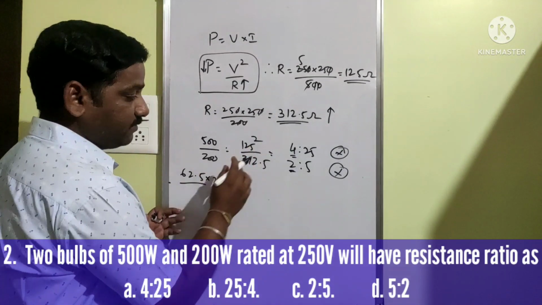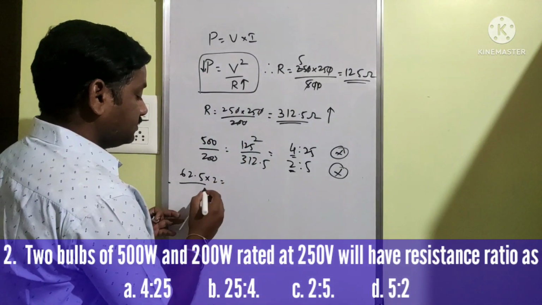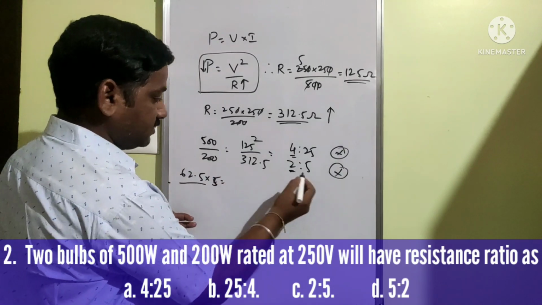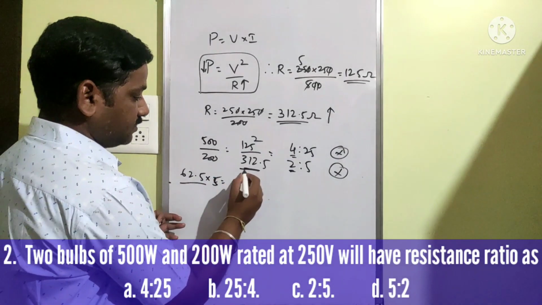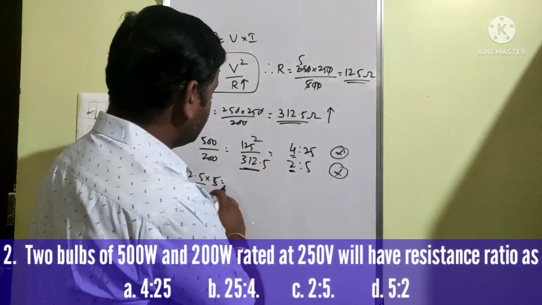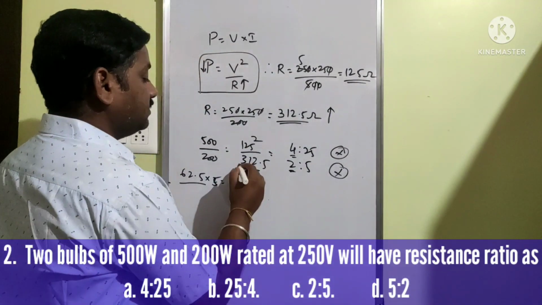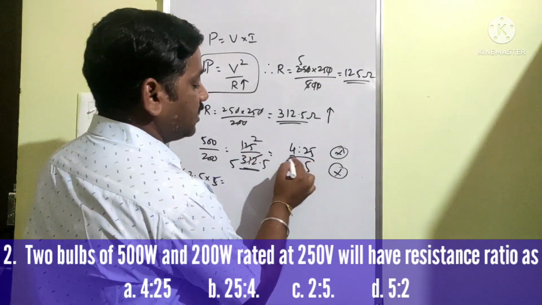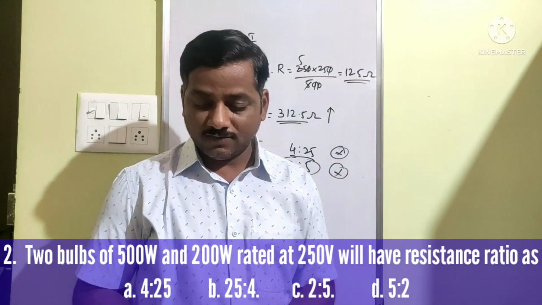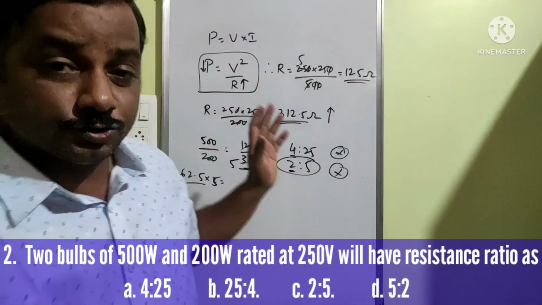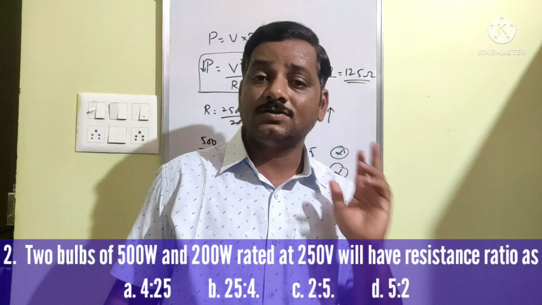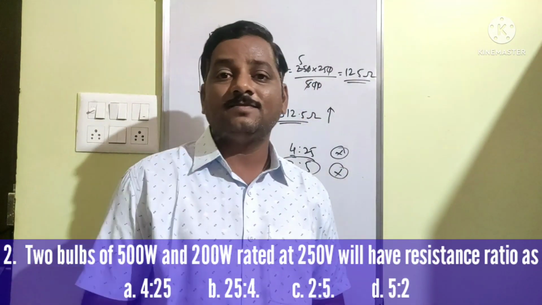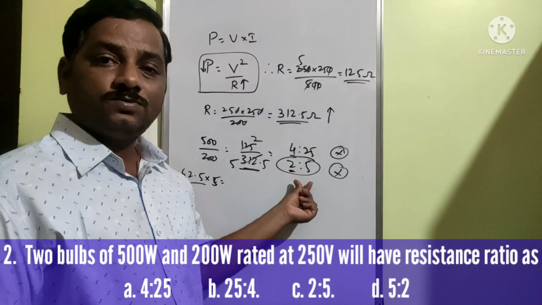So we divide by 62.5, and 62.5 into 5, we check it. You should get this number. Yes, we get this number. If you multiply 62.5 with 5, this will be the answer. So 2:5 will be the answer for this question. The ratio of the resistance of those two different elements will be 2:5.